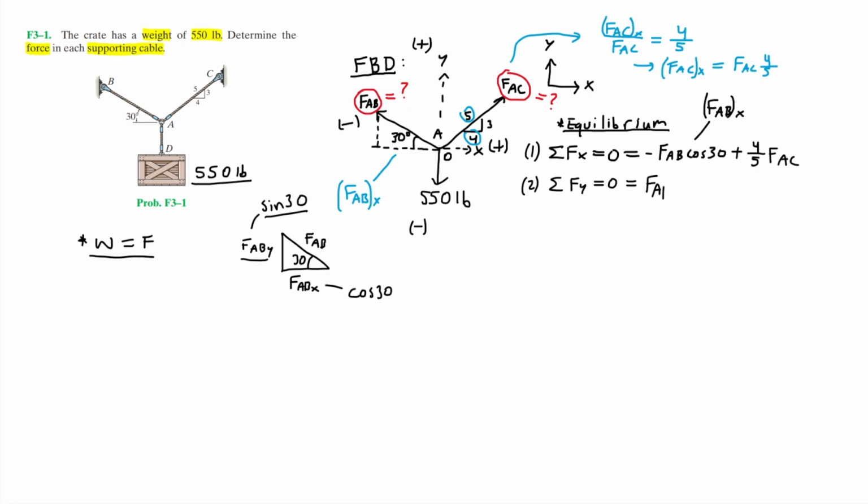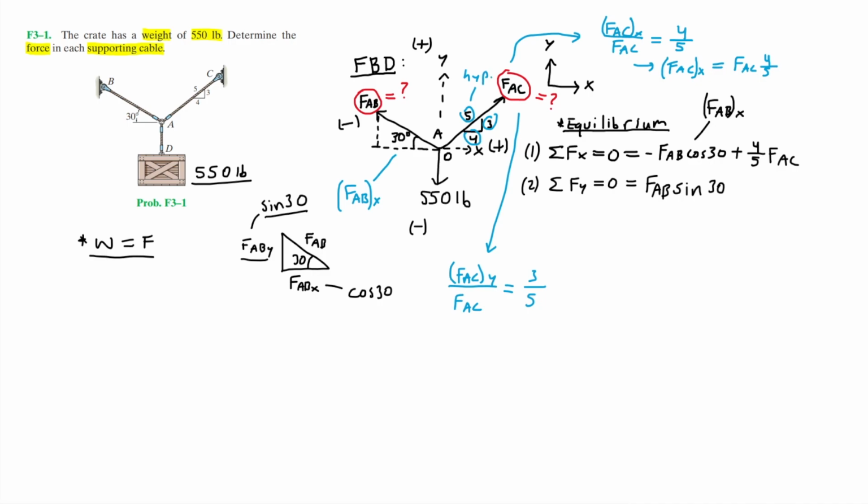So in the equation here, it's going to be positive FAB sine of 30 degrees. Now to find the y component of FAC, that is essentially the same process we used for x, except now we're going to be using the 3 instead of the 4, since the 3 is in the y direction.